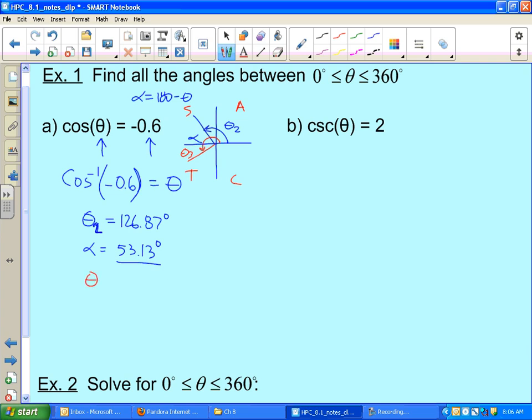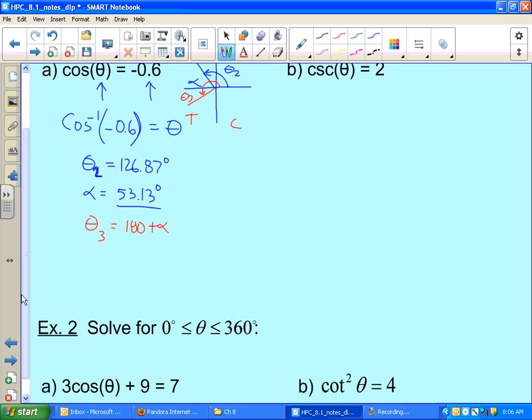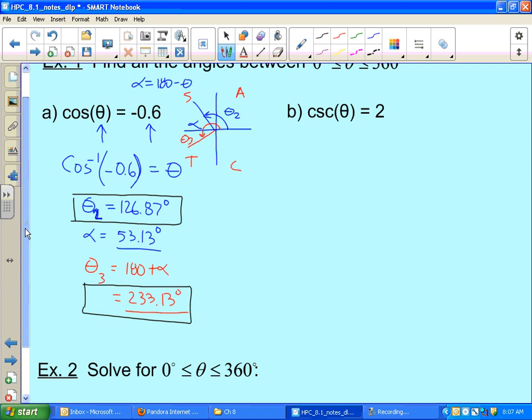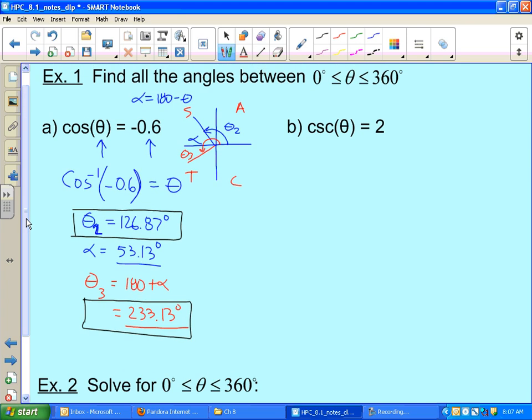And theta 3 is going to be found by 180 plus alpha, or in this case, 233.13 degrees. So there's my other angle. Those are my 2 angles then that produce a cosine ratio of negative 0.6. Both those angles fit between 0 and 360, so we're good.